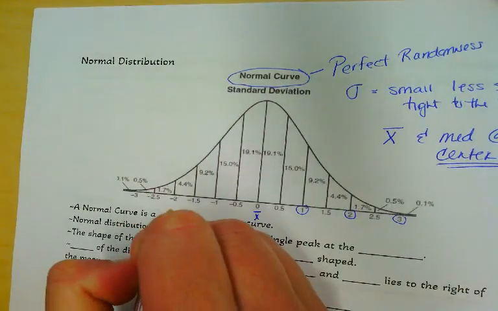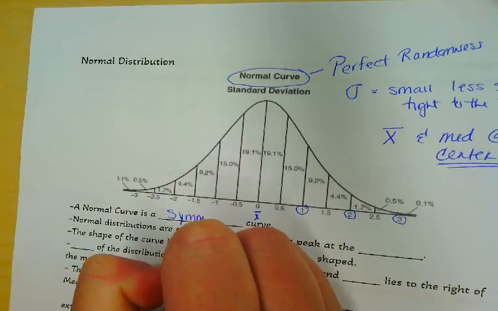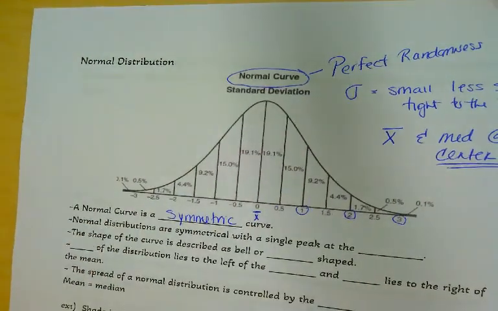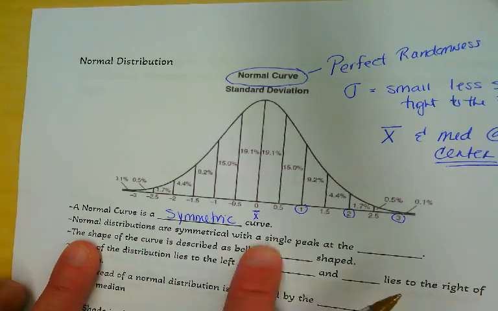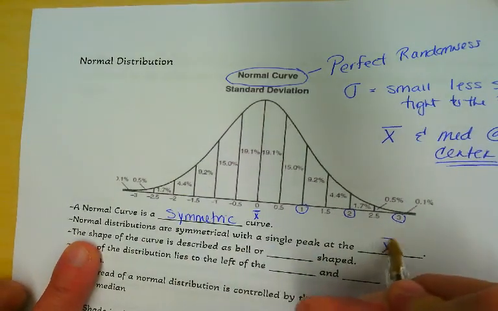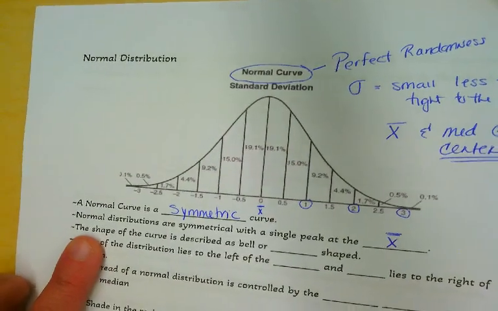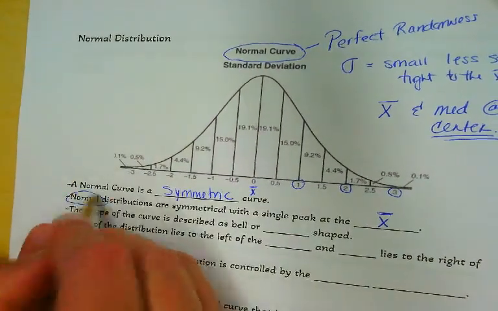Okay, so a normal curve is a symmetric curve. They're symmetrical with a single peak at the mean. So again, we always want to make sure that mean is smack in the middle. When it says normal, that's the key word.